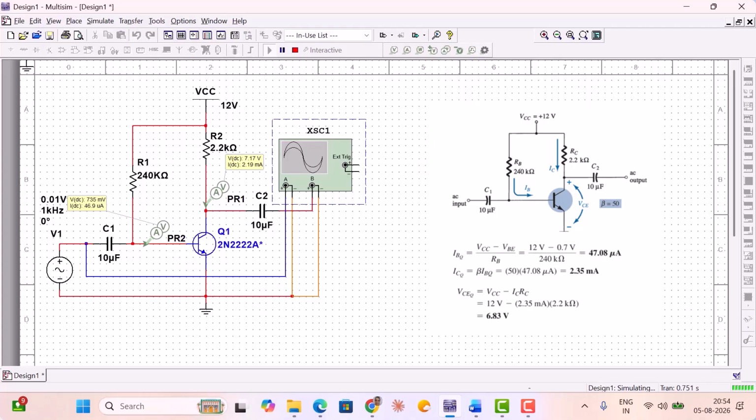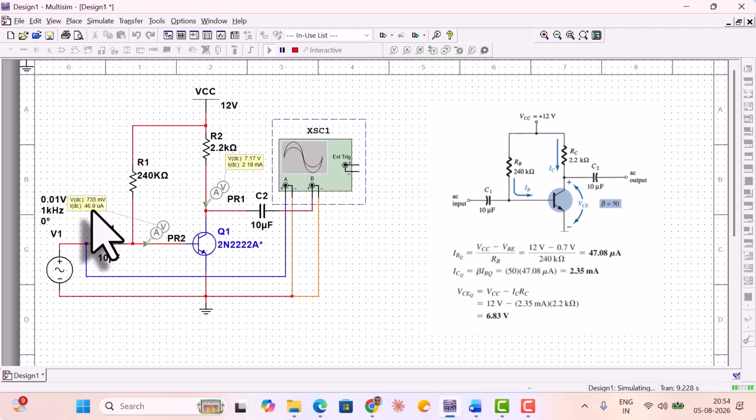Let us examine the base current IB and collector current IC. The base current is 46.9 microampere. The manually calculated base current in the worked out example is 47.08 microampere.